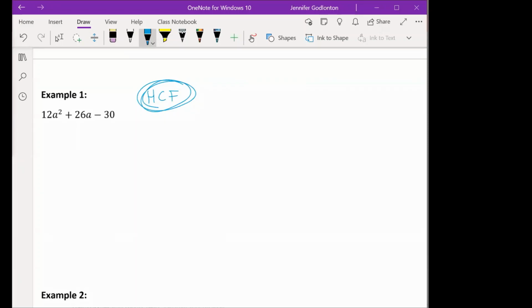And in this question, what would be our highest common factor? What number can go into everything? 3 won't be able to get into 26. 6 also can't go into 26. 2. Okay, so we're going to take out a 2, and we're left with 6a squared plus 13a minus 15.